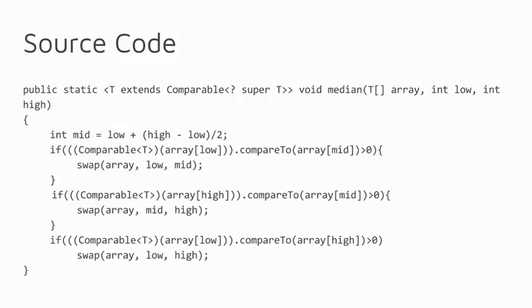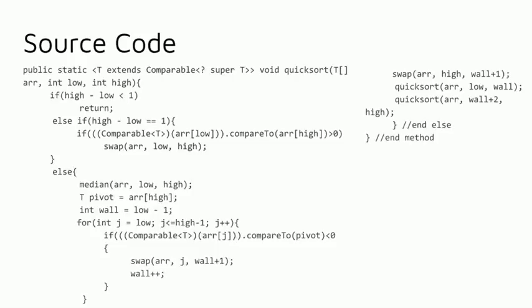What happens next is that the method puts the median at the end of the array, the largest element in the middle, and the smallest at the front. Last but not least, we have the function for the partitioning step and the recursion step, whereby the quicksort will be executed on the subarrays produced.